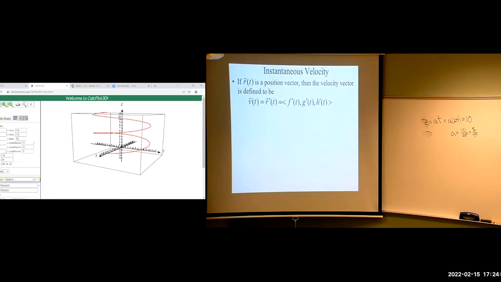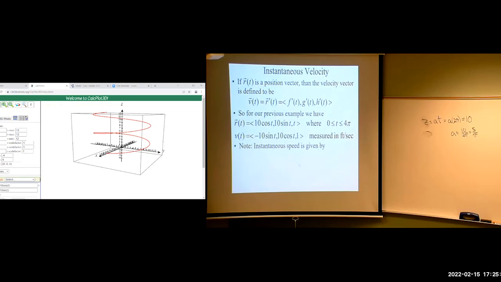It is really all Calc 1 stuff, just put into a vector and plotted in 3D. So we're going to be doing some derivatives today. If we had the position function we had before, then our velocity vector would be -10 sine t, -10 cosine t, 1. All right, nothing crazy going on there. That's just taking 3 derivatives.